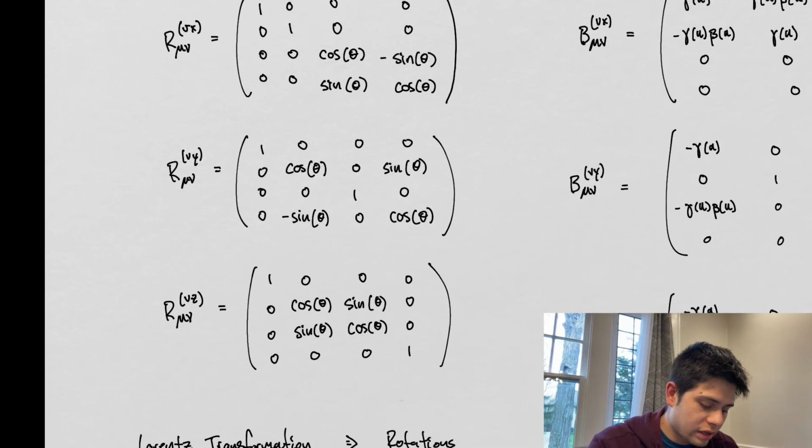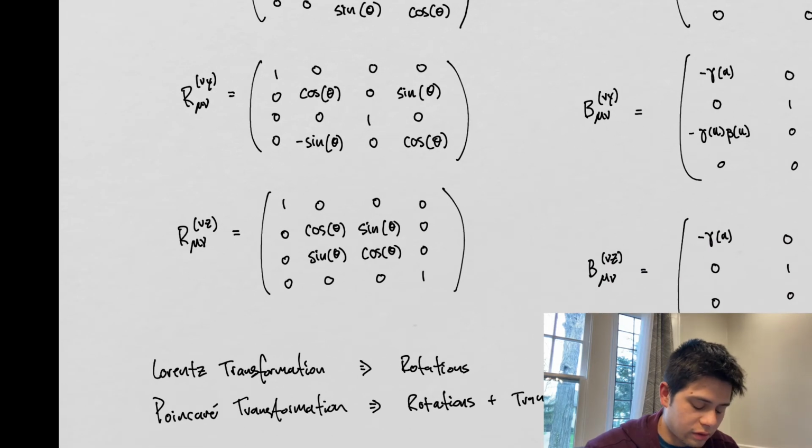We can rotate in the y-plane, right? So if we rotate in the y-plane, this is our y. It looks like an x, but that's a y. We're rotating our 4 vector in the y-plane, and it looks like this, okay? And then to rotate our 4 vector in the z-plane, we use this matrix, okay?